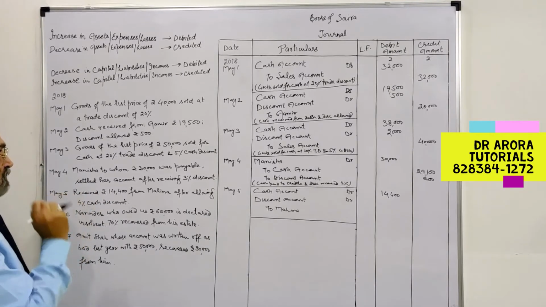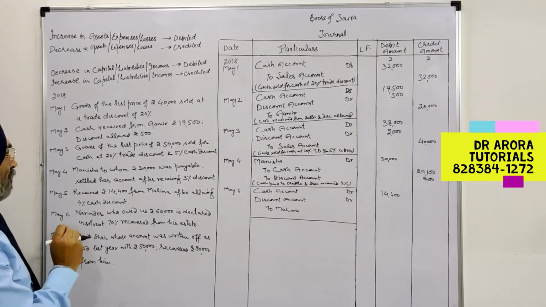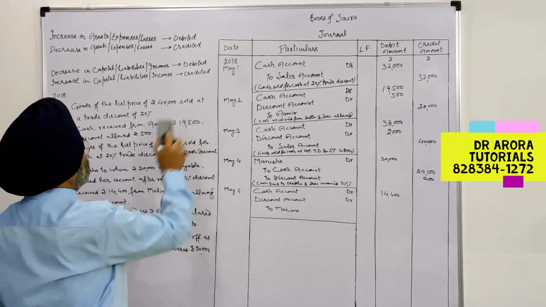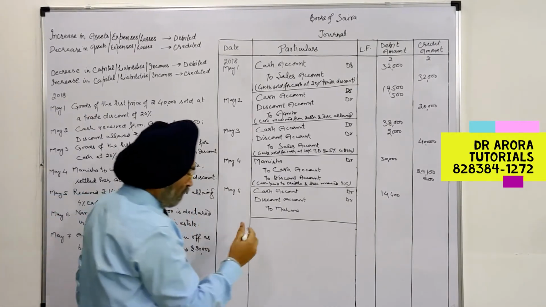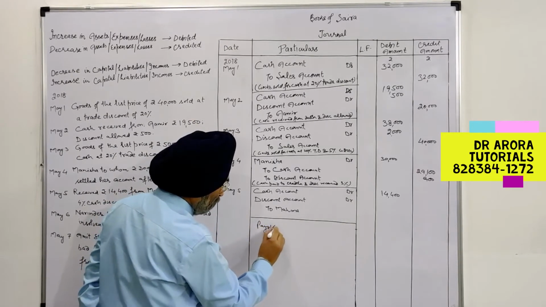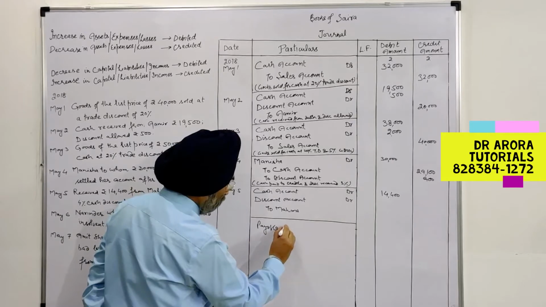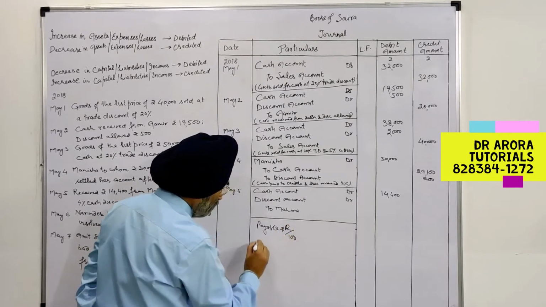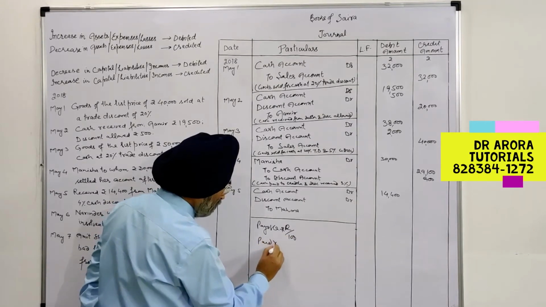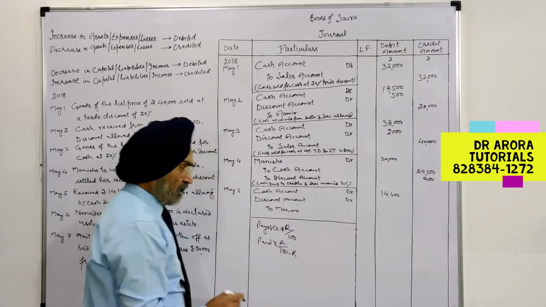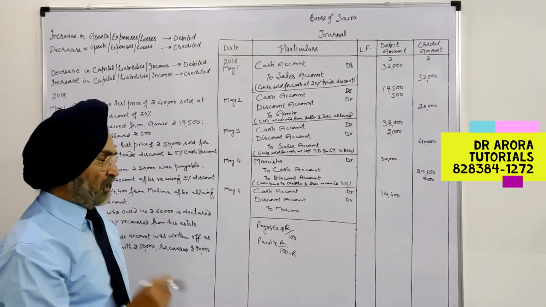We had discussed in accounting equations also that when amount payable is given, discount is calculated by multiplying rate upon 100. But when paid amount is given, discount is calculated by multiplying rate upon 100 minus rate.